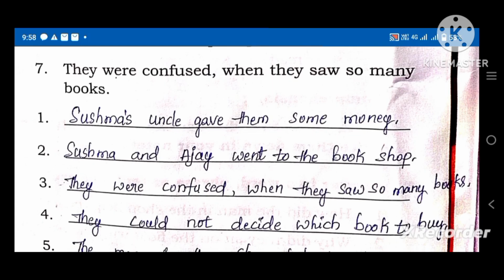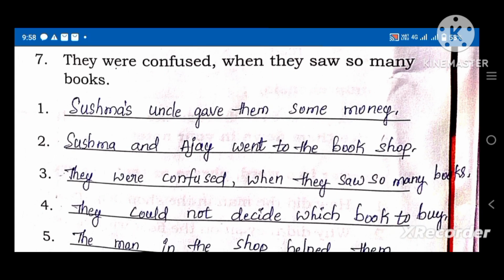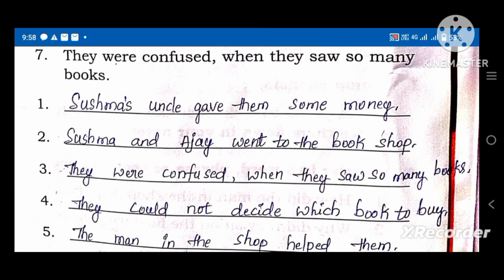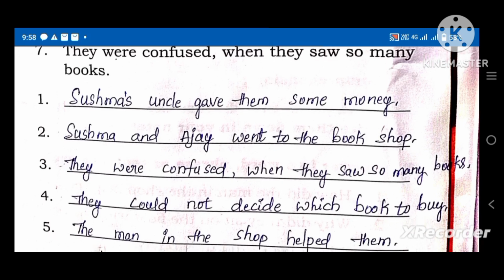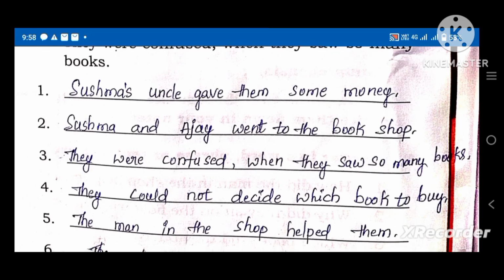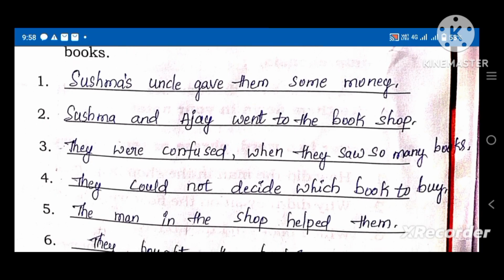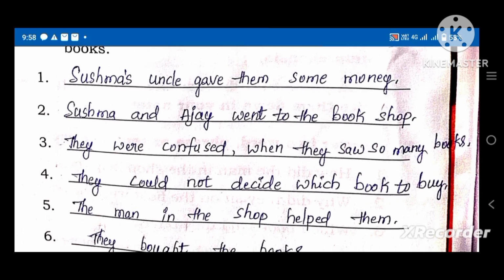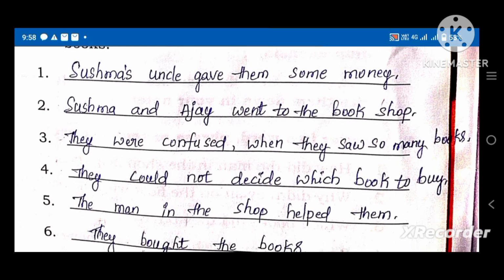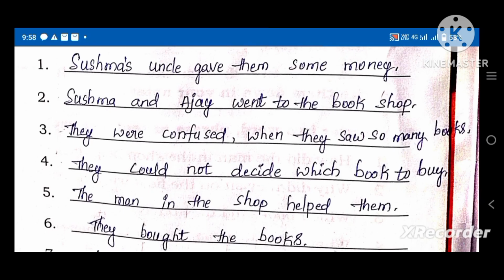Correct arrangement of sentences is: First one, Sushma's uncle gave them some money. Second one, Sushma and Ajay went to the bookshop. Third one, they were confused when they saw so many books. Fourth one, they could not decide which book to buy. Fifth one, the man in the shop helped them.